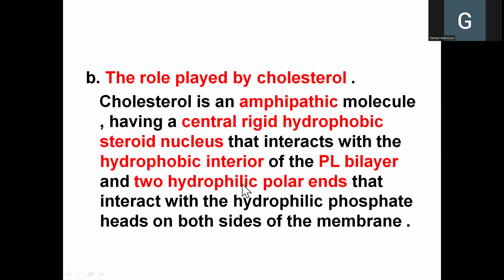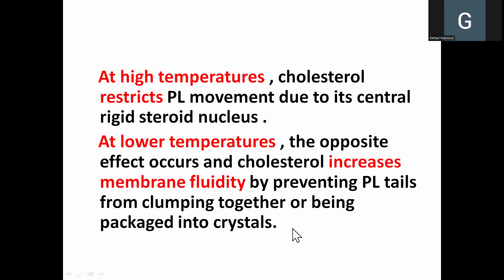So one part is hydrophobic, the other is hydrophilic. So it is an amphipathic molecule. So this cholesterol molecule will interact with the cell membrane, as we have explained before, and will result in a diminution of the rigidity and increased fluidity by preventing clumping of the saturated fatty acids.